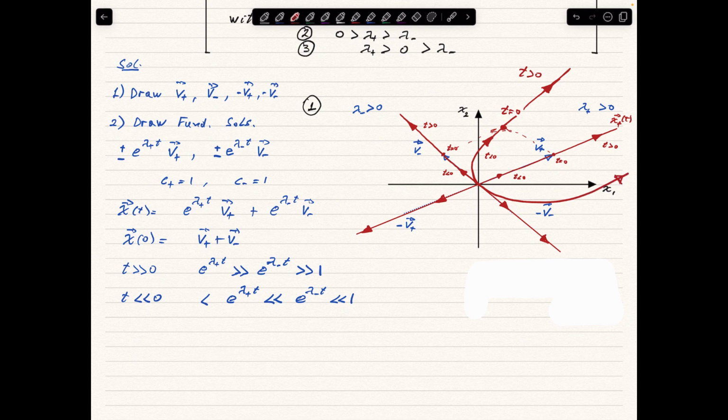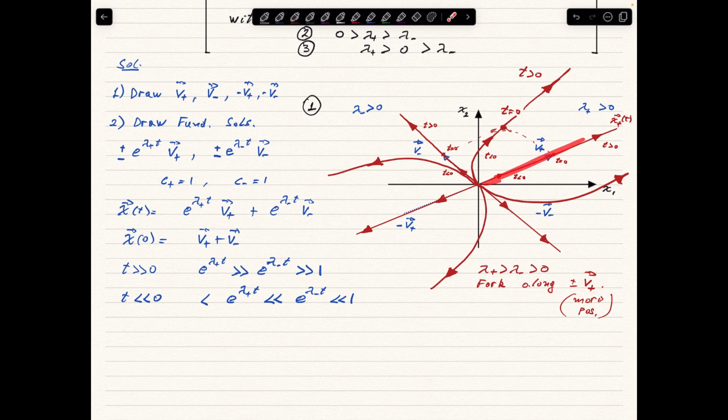Going away from the origin. Here, going away from the origin. And we are getting like a fork, a double fork. Everything going away from the origin. So we get a fork, and in this case, the fork is along the eigenvector with the larger eigenvalue.